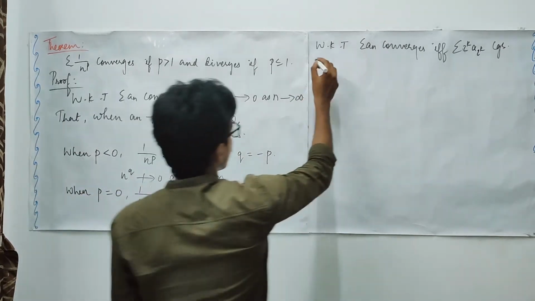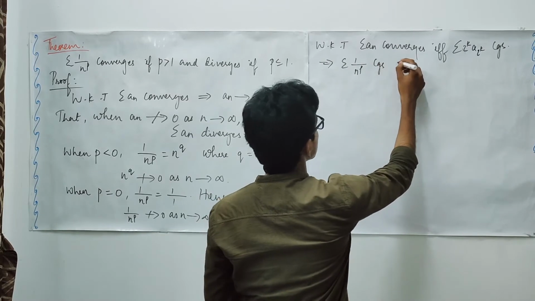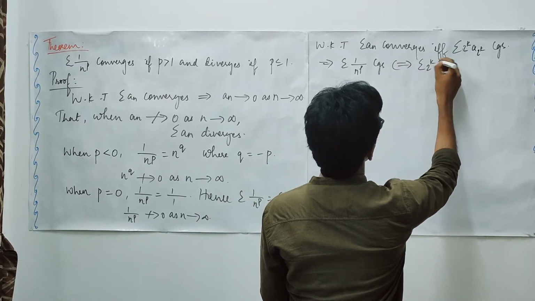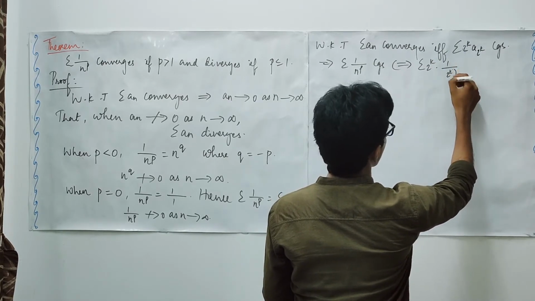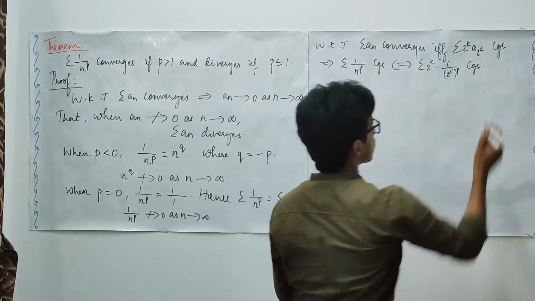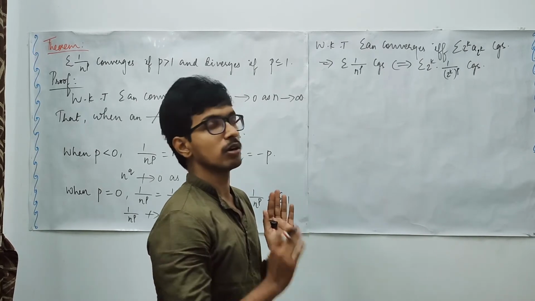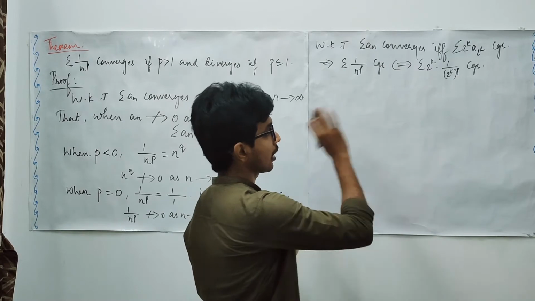So, using that, summation 1 upon n power p converges if and only if summation 2 power k times (1 upon 2 power k) whole power p converges. In the place of n, we have to substitute 2 power k and we will have to multiply the quantity by 2 power k. So we have done it.